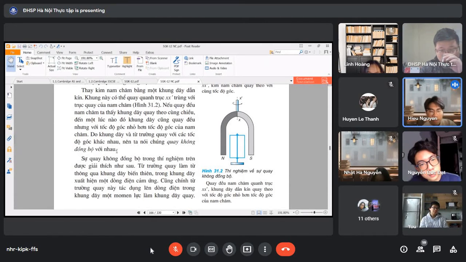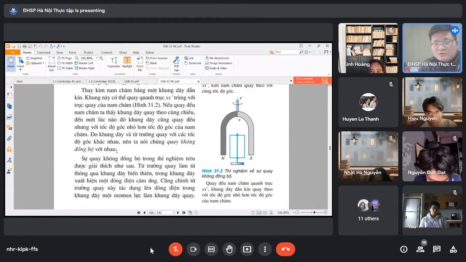Because the rotation is not stable, the induced current is also changing over time. It can increase or maybe decrease. Yeah. But that is something we could not observe.